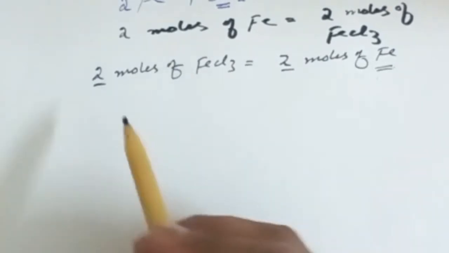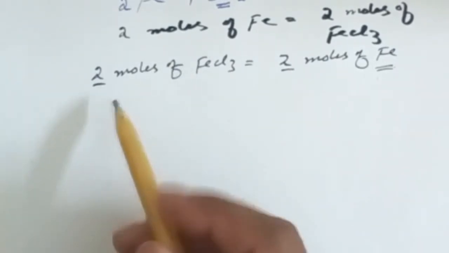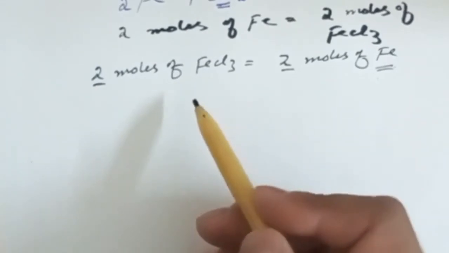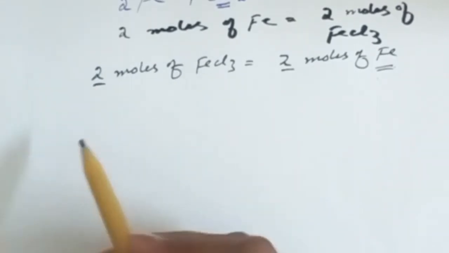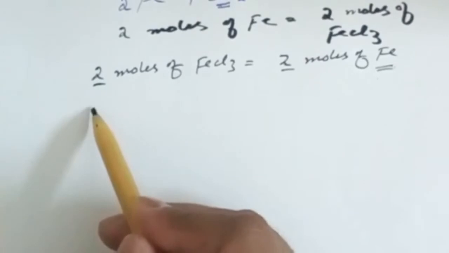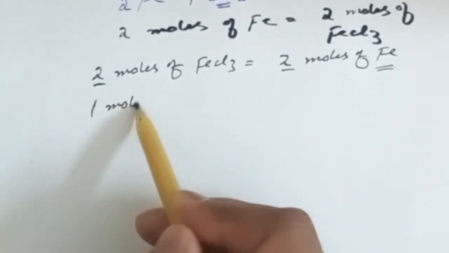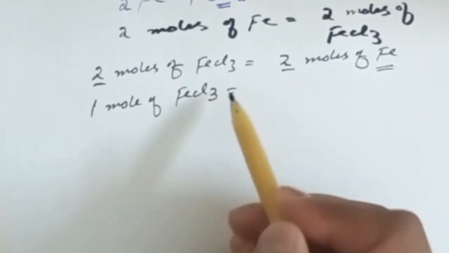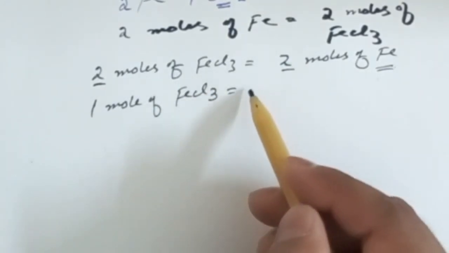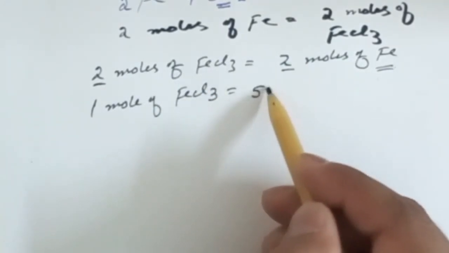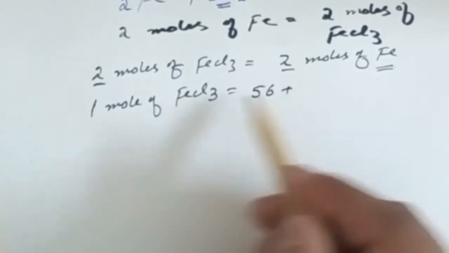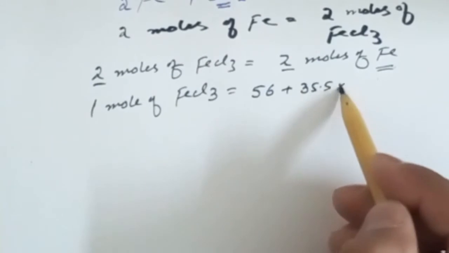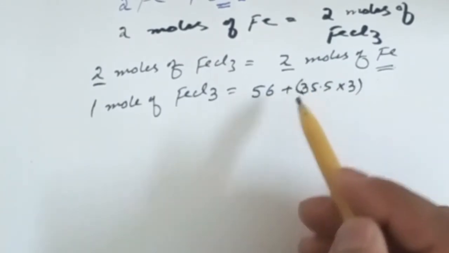Now if we convert the 2 moles of both iron chloride and iron into their masses, 1 mole of FeCl3 is equal to 56 for 1 iron, plus 35.5 for 1 chlorine multiplied by 3.